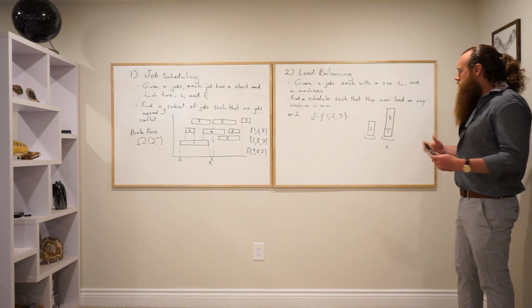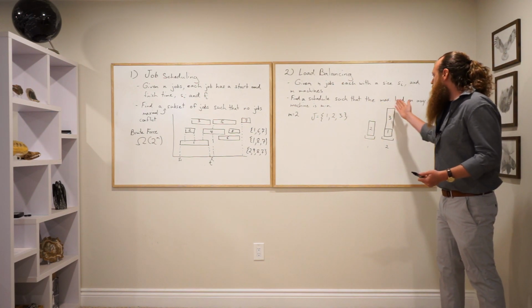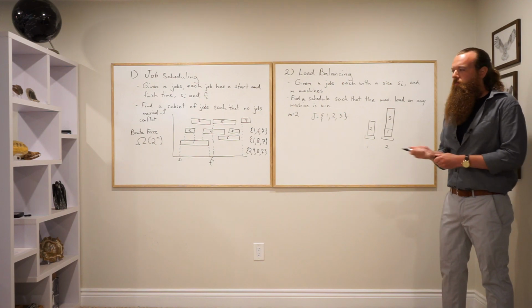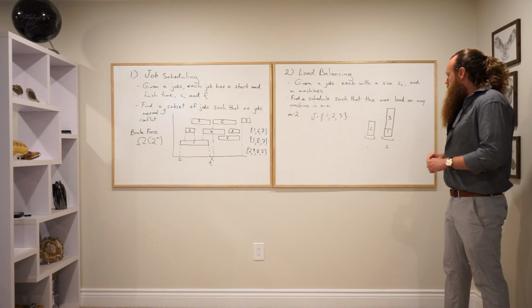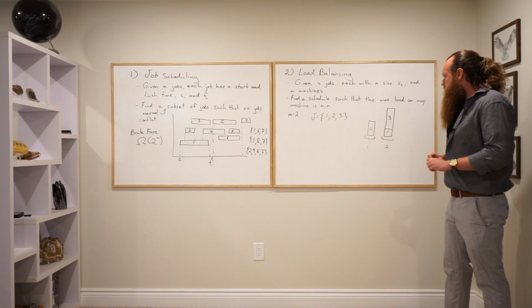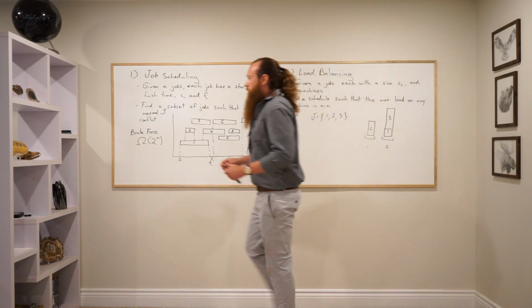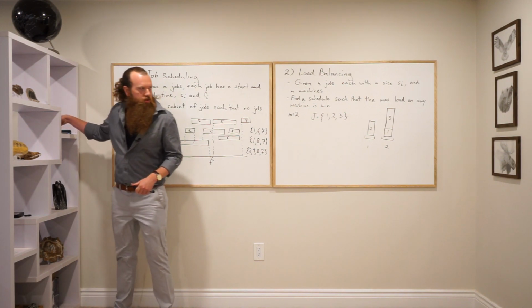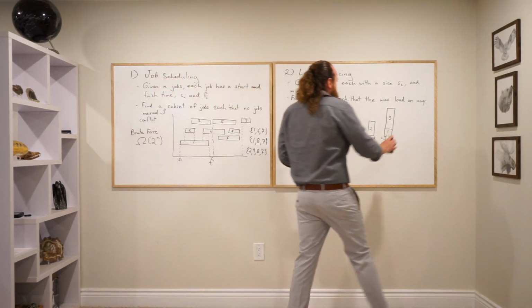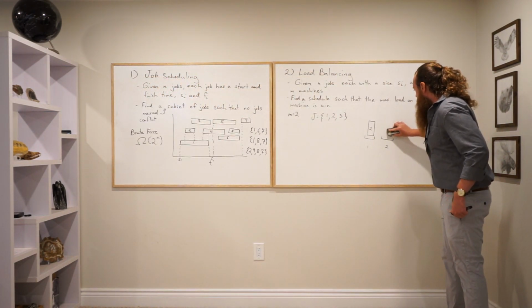Okay, well, I'm trying to find a schedule that minimizes the maximum load. Does this particular schedule minimize the maximum load, or can I do any better than this? I should be able to do a little bit better than that. And I'm sure you guys are way ahead of me on this one.